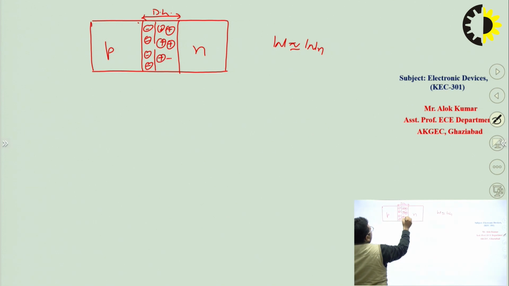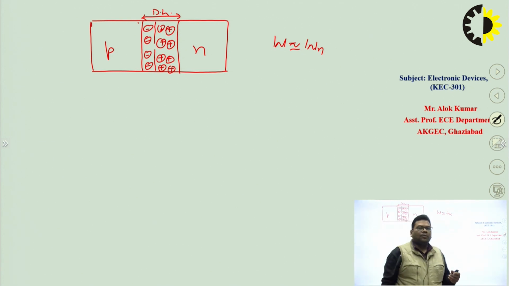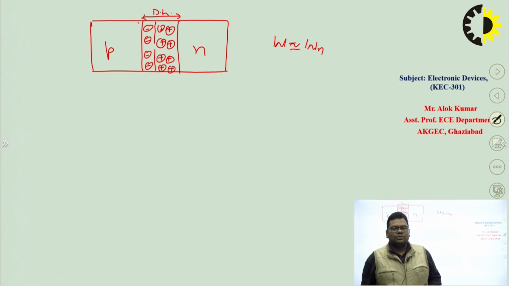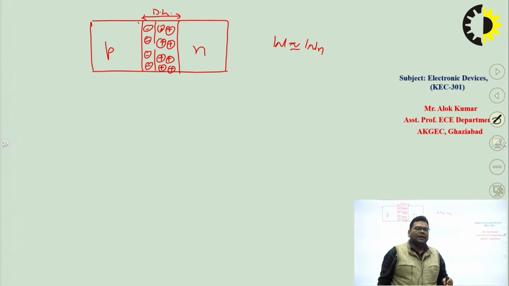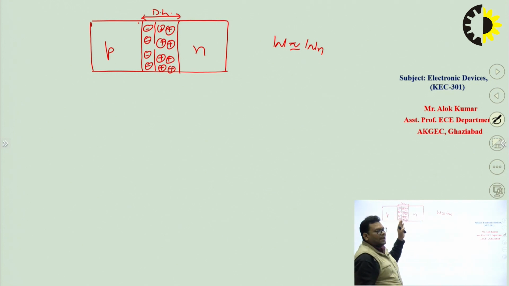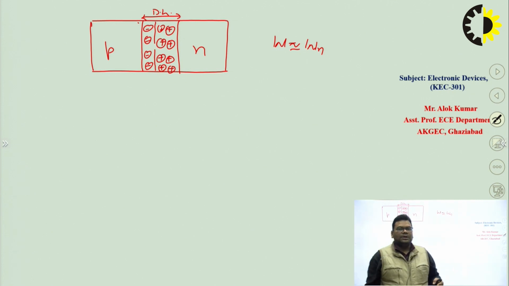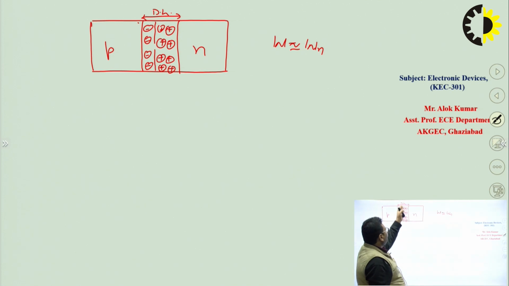There is no charge carrier available in the depletion region. What we are trying to prove is that the diode can behave like a capacitor. If I assume this P side behaves like a conducting plate, this N side behaves like a conducting plate, and this depletion region behaves like a dielectric, why dielectric? Because there is no charge carrier available in the depletion region, so it will behave like a dielectric.